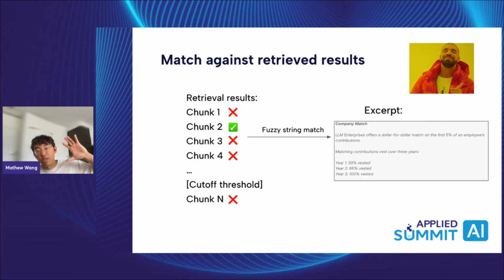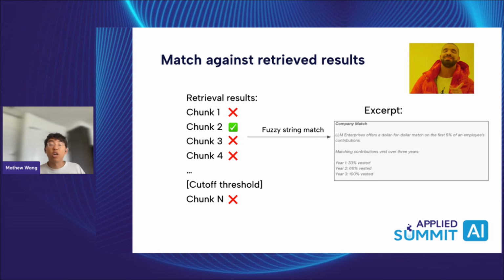The first part of this is that you would call the retrieval service with that question, what is my 401k match, for the knowledge base that you labeled data for. And then you check whether, and where in, your retrieval results the excerpt appears. One fundamental thing about RAG that I'll quickly explain is that when you get your retrieval results, it's basically a ranked list of parts of your knowledge base.